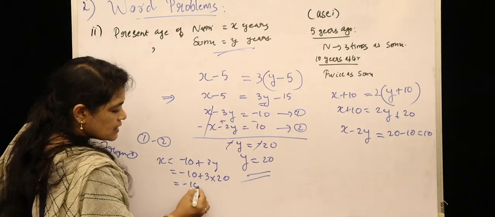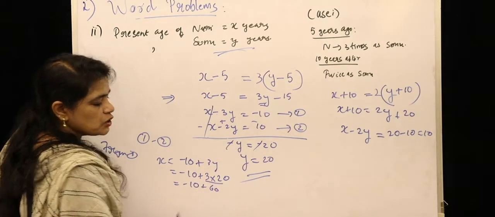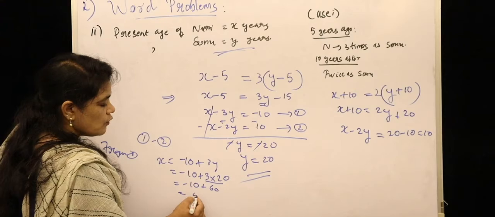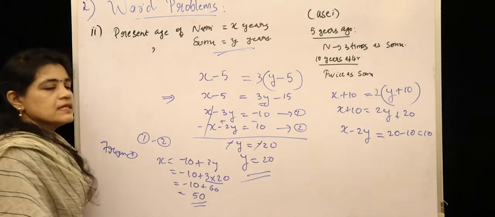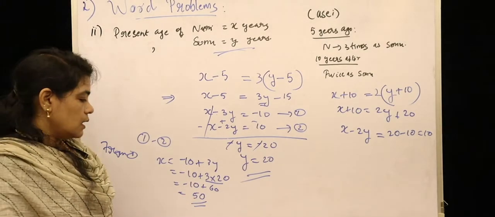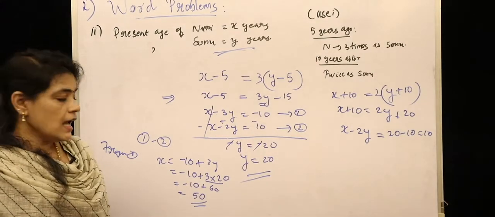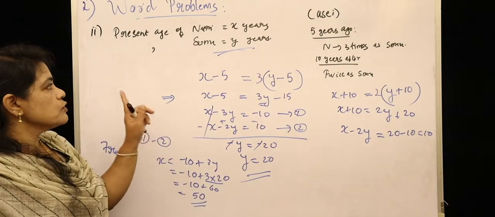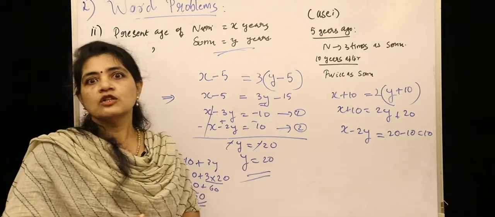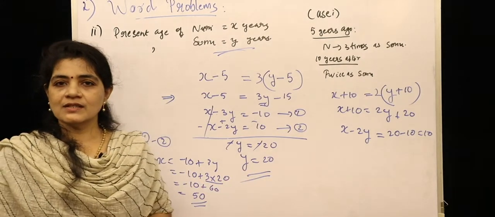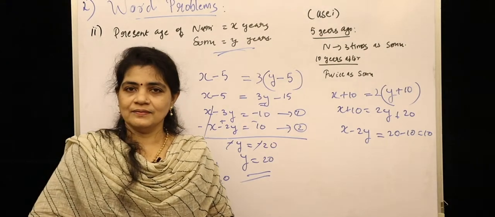Okay, that is minus 10 plus 60. 3 into 20, 60. Minus 10 plus 60 is 50. So we have got the present age of Noori as 50 and that of Sonu as y, that is 20 years. Okay, this is all about the second question.